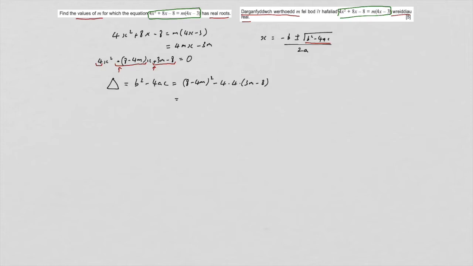This gives us 64 minus 2 lots of 8 times 4m plus 4m squared, minus 4 times 4 times (3m minus 8), which gives minus 48m plus 128. Altogether that is 64 minus 64m plus 16m squared minus 48m plus 128.